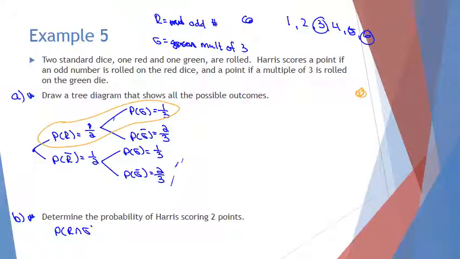So I could write this out like this. And now, would this be dependent or independent? Does one dice affect the other dice? And it does not. What I get on the red won't affect what I get on the green. So it's going to be 1/2 times 1/3, so equals 1/6. The probability of Harris scoring 2 points is 1/6.